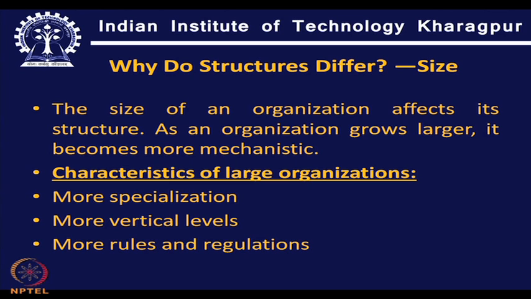If we do not go for tight control over it, then everything will run out of hand. The characteristics of large organizations are more specialization, more vertical levels in the organization and more rules and regulations. Until that is defined, we cannot bind the different parts of the organization together.